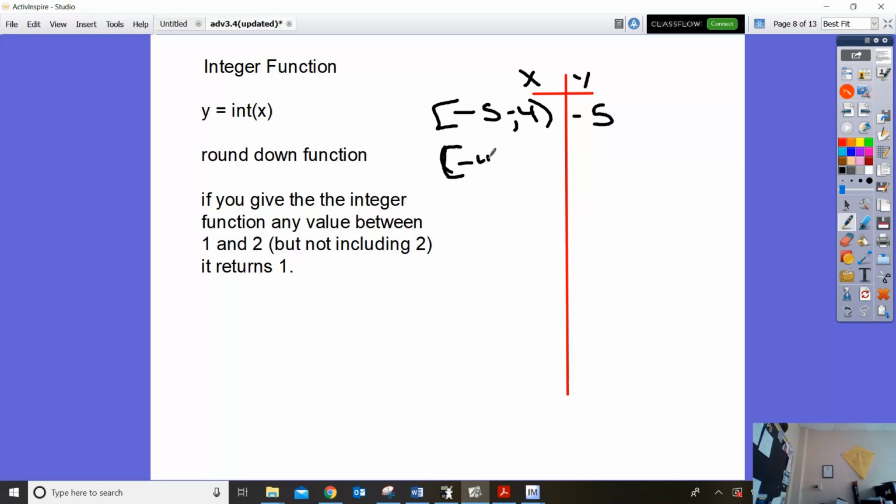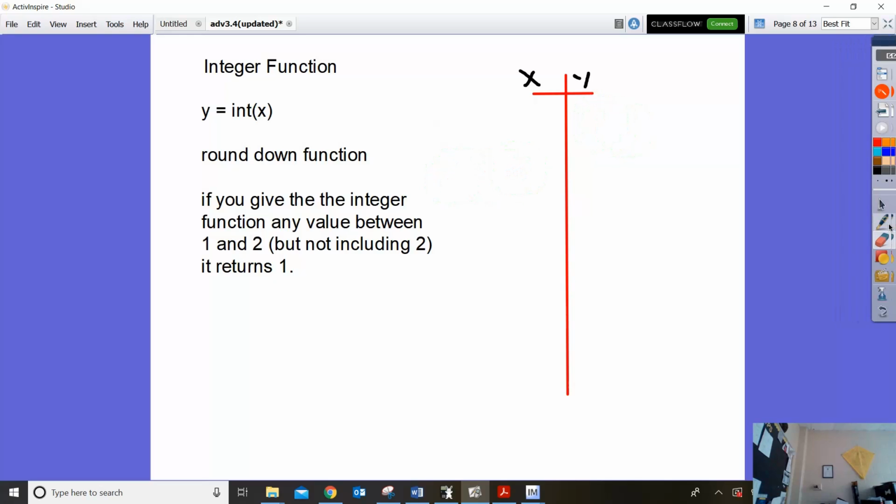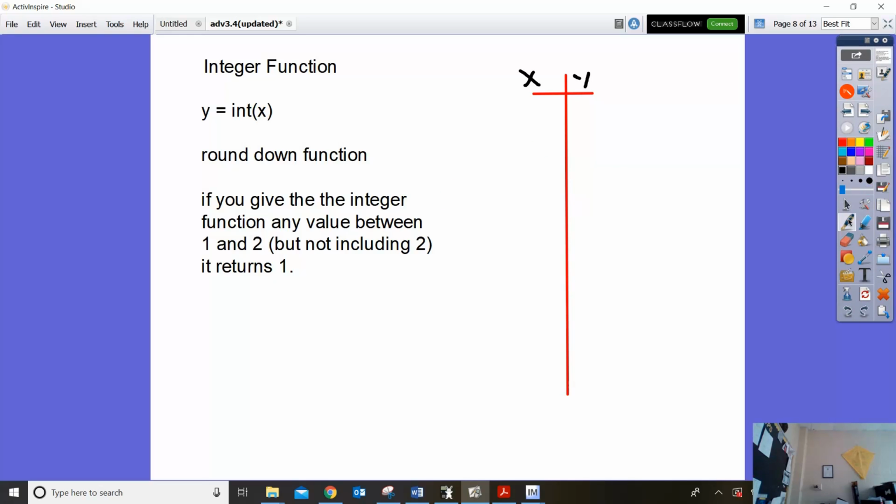When x is from -4 to -3, but not including -3, I might have this backwards. These are negatives, aren't they? Those are negatives. Let me work with positives and talk about negatives.